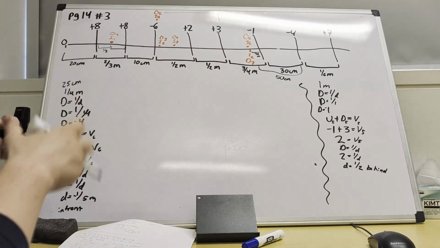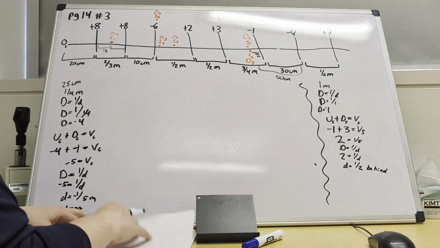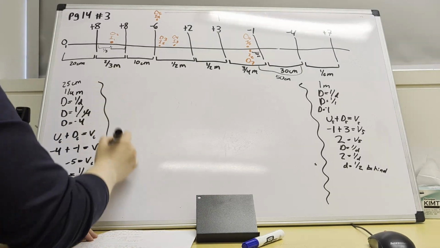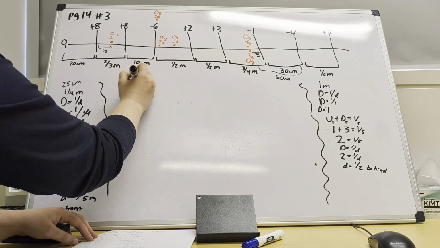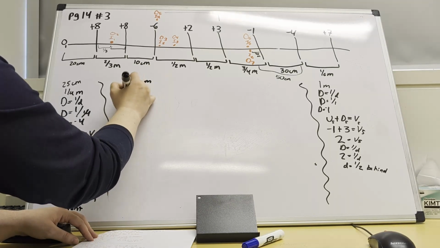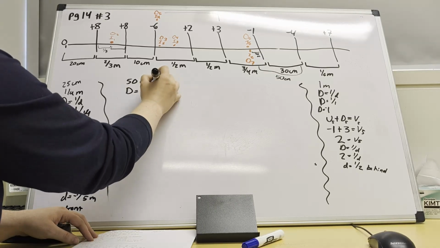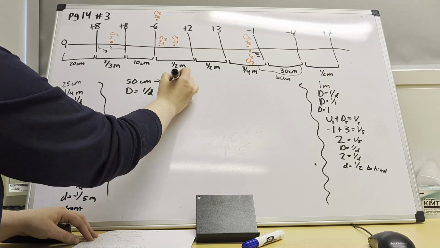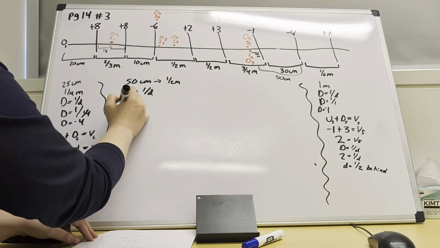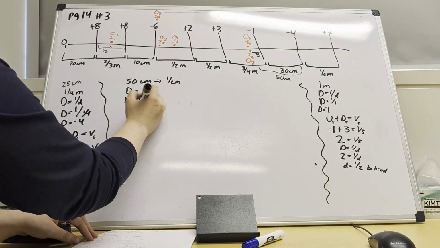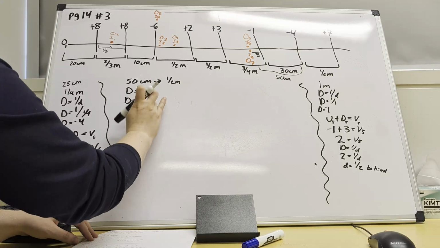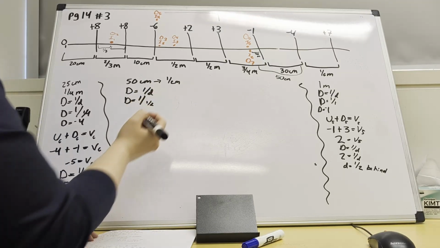If we then go through and do U plus D, or diopters equals 1 over distance, for this, we have 50 centimeters. 50 centimeters is also equal to 1/2 of a meter. Diopters equals 1 over 1/2.